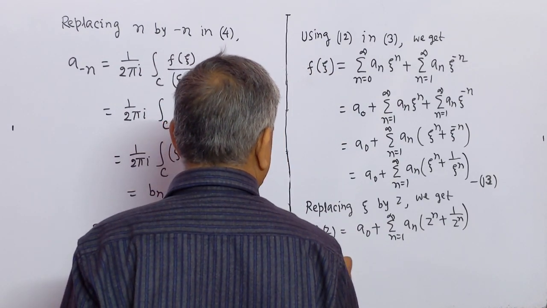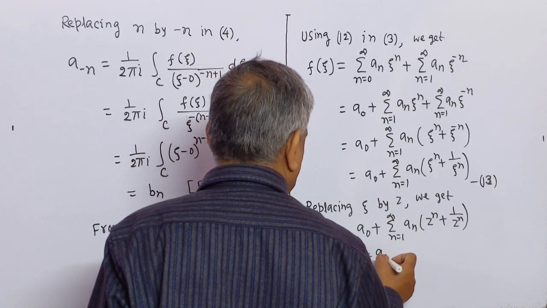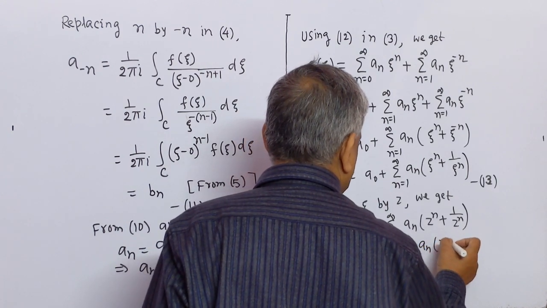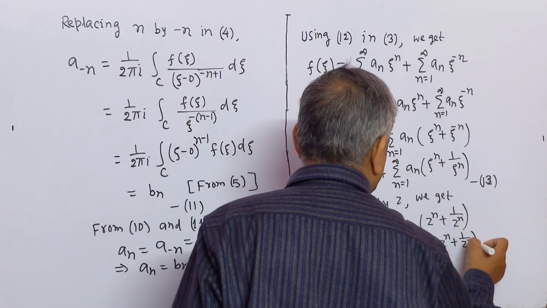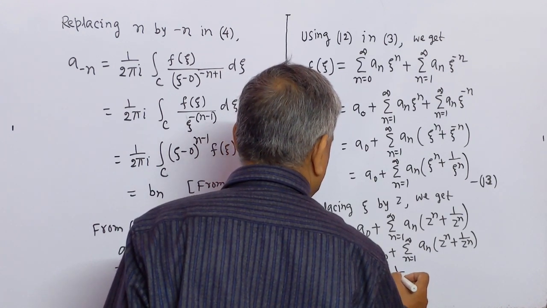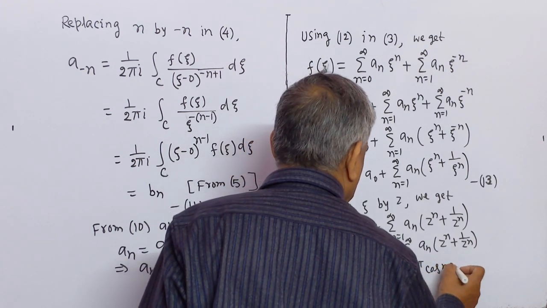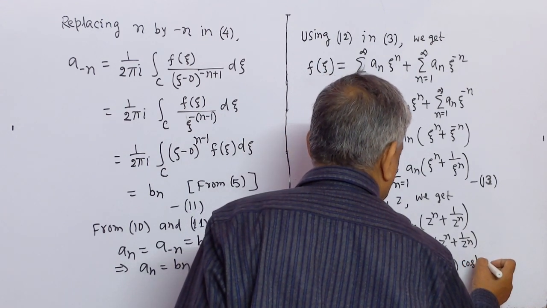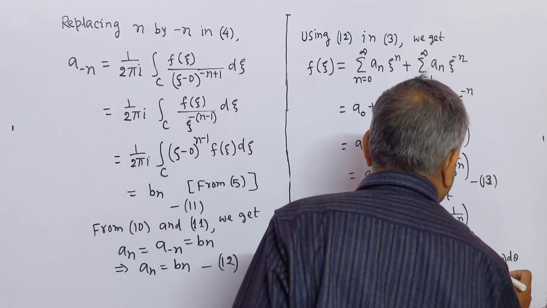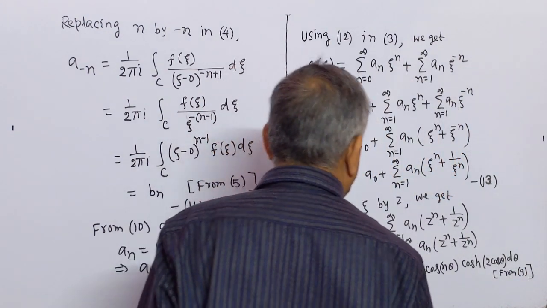Since function of z is cosh(z plus 1 by z) equal to a naught plus sigma n equal to 1 to infinity an, z to the power n plus 1 by z to the power n, where an equal to 1 by 2 pi integration 0 to 2 pi cos n theta cosh(2 cos theta) d theta from 9, and the problem is solved.